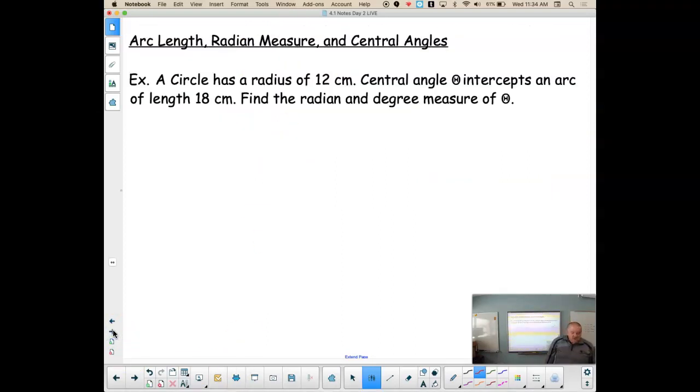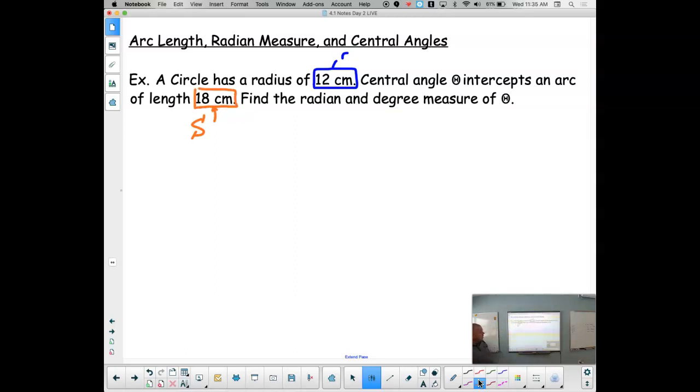Okay? So let's get into some word problems here. A circle has a radius of 12 centimeters. Okay? So I know for a fact that 12 centimeters is my r. Central angle theta intercepts an arc length. So my arc length, that's going to be S, is going to be 18 centimeters.